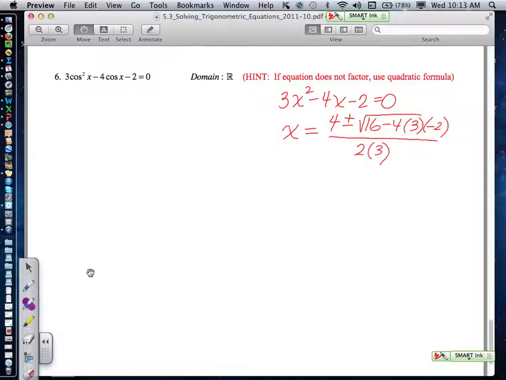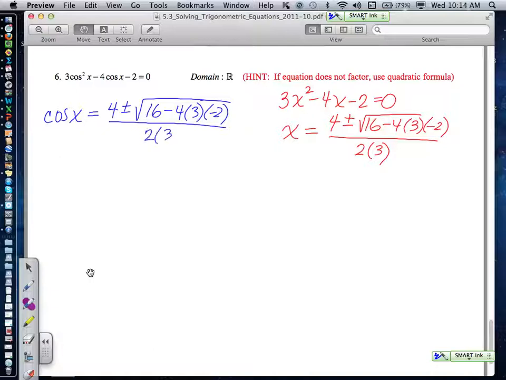Okay? And what you're setting equal to the quadratic formula is the variable. In a trig equation, the variable is the cosine. So in this case, it's the cosine of x, which equals negative b plus or minus the square root of b squared minus 4 times a times c, all over 2a.